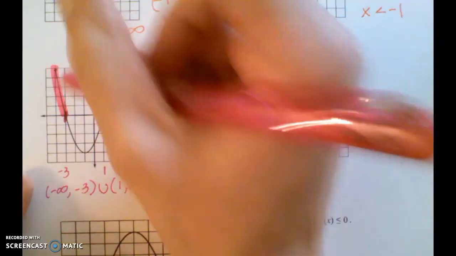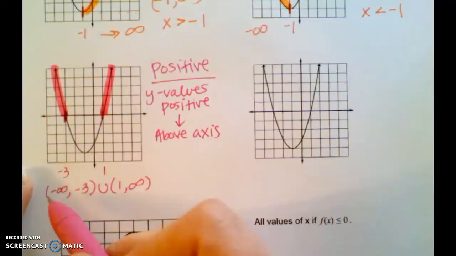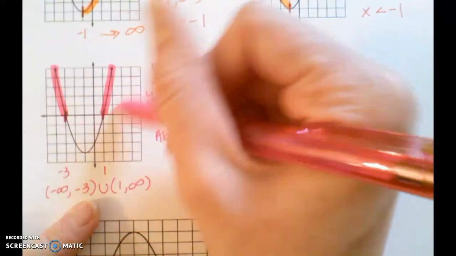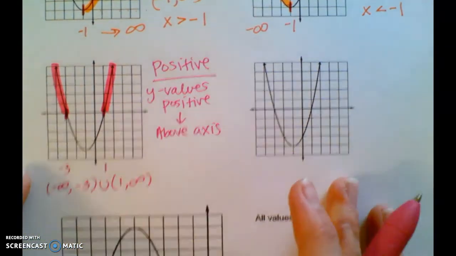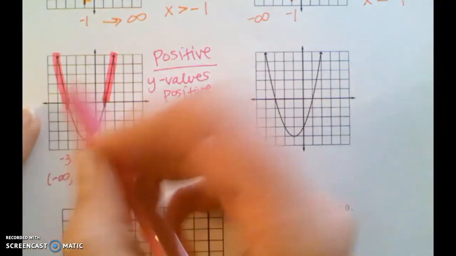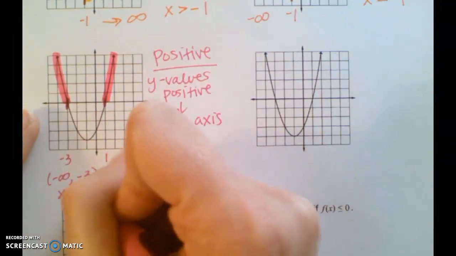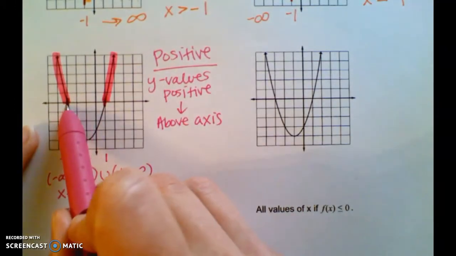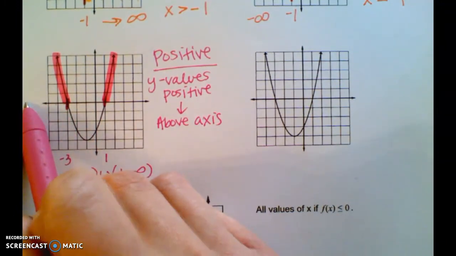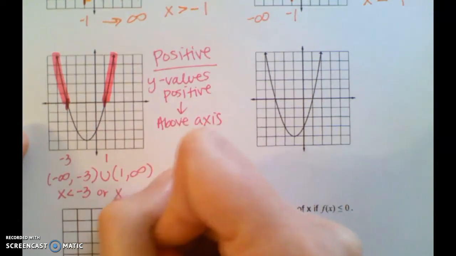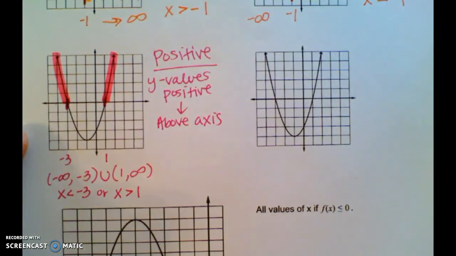So it is positive in this interval over here, that's this one, and it's positive in this interval from 1 to infinity. Now in algebraic notation, we would say for this one, x is less than -3 because these are the x values that are smaller than -3, -4, -5, etc. Or x is greater than 1.